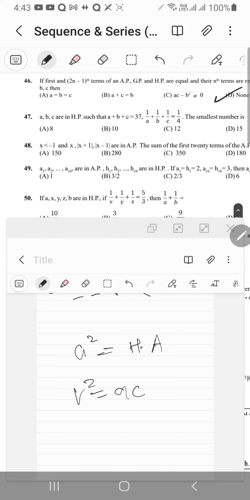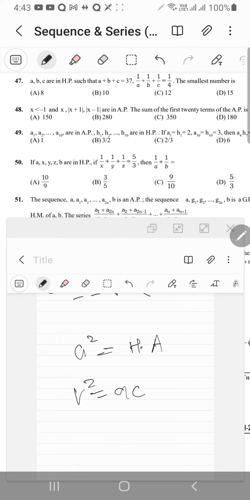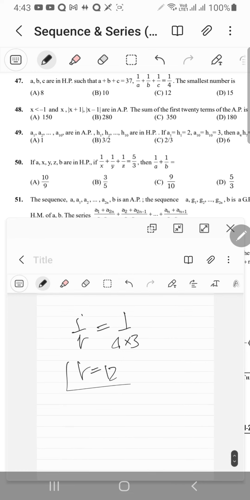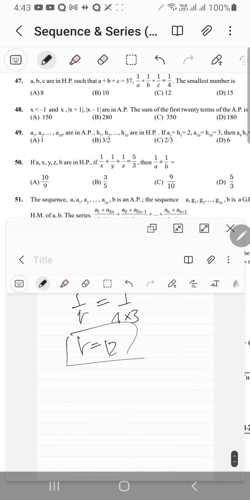Cool. If A, B, C are in HP such that A plus B plus C equals 37, and 1 upon A plus 1 upon B plus 1 upon C is 1 by 4. These are in HP, that means 1 upon A plus 1 upon C is just 2 upon B. So 1 upon B is 1 upon 4 into 3, I think. So B is 12, you already got that. Cool. B is 12, and you have this thing.